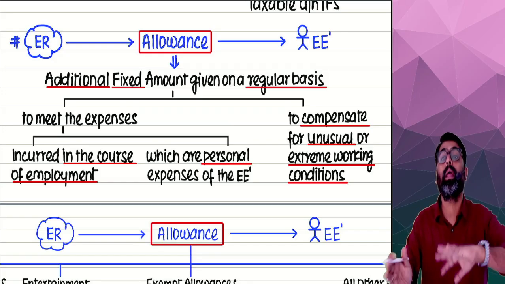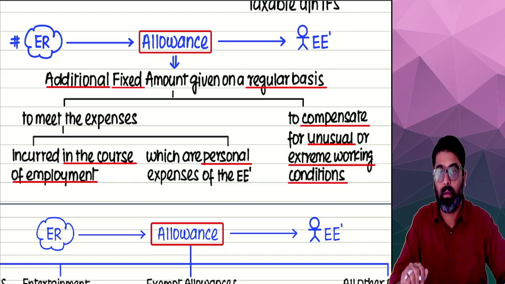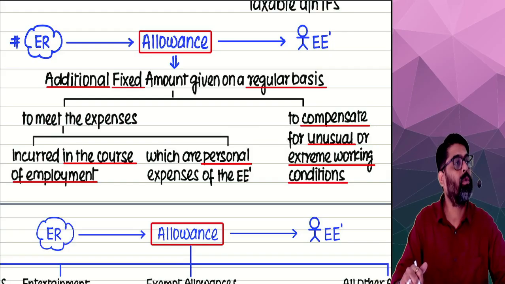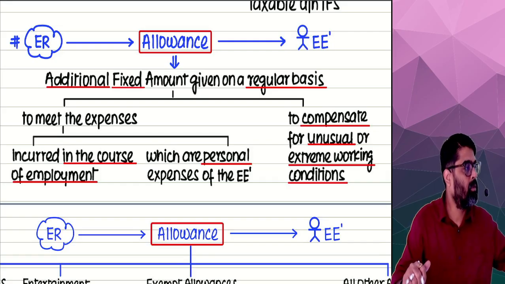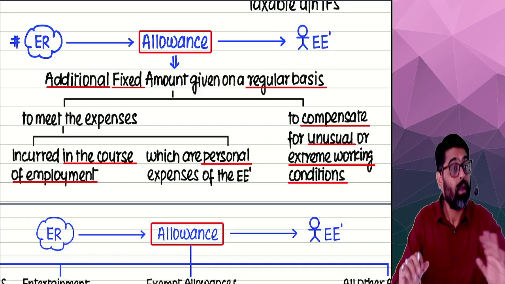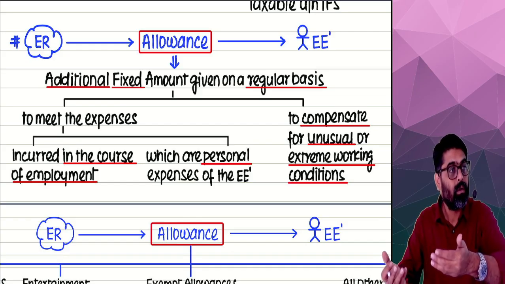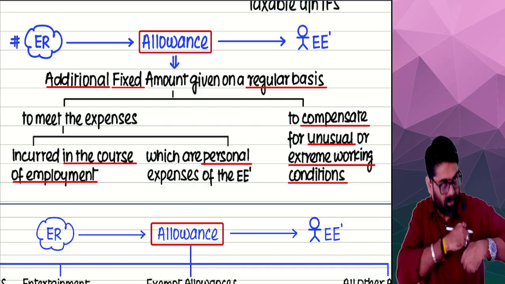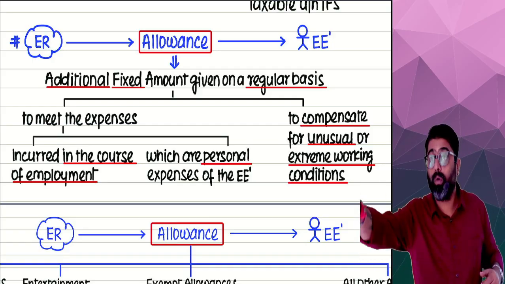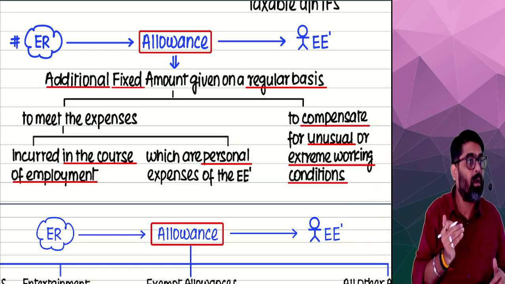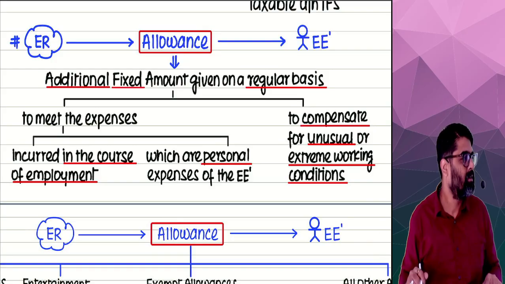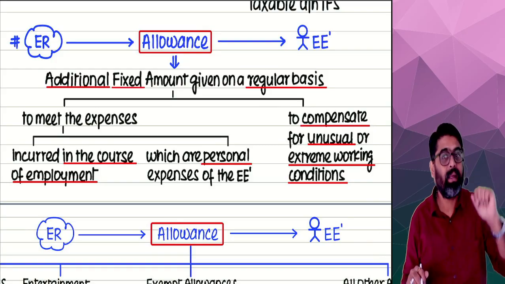Sometimes you have to go to Hyderabad, sometimes to Chennai, sometimes to Mumbai. Every time you go for the employer's work, you will spend money from your pocket on traveling. Ticket fares, train tickets, then airline tickets.